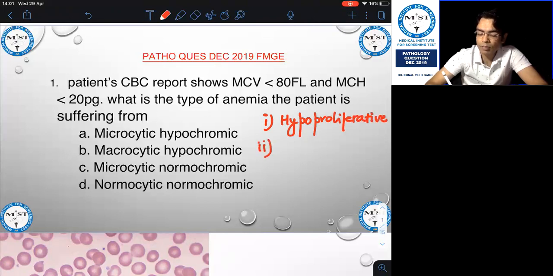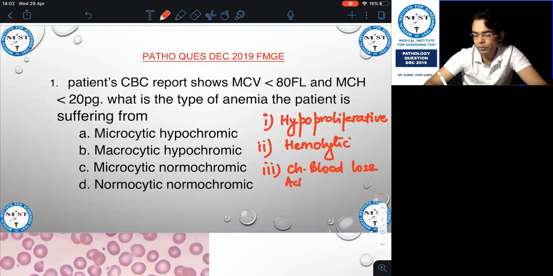Second, hemolytic. And third type of anemia is due to chronic blood loss, or even acute blood loss. Chronic or acute blood losses can give us anemia.